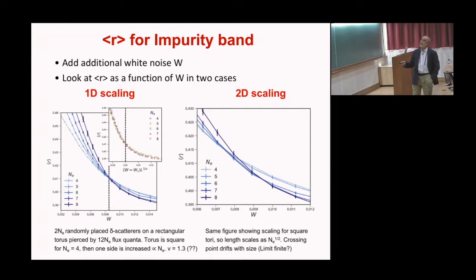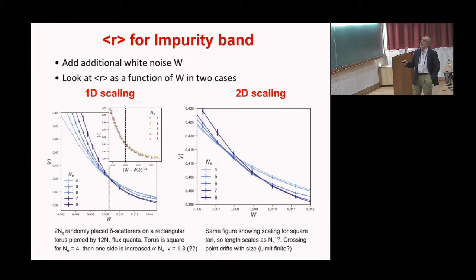Then we did the two-dimensional scaling, and these are the results. Notice we have really expanded this curve. These curves are 2 orders of magnitude expanded compared to the curves I was showing you before, because we have accuracy to talk about these kinds of numbers.